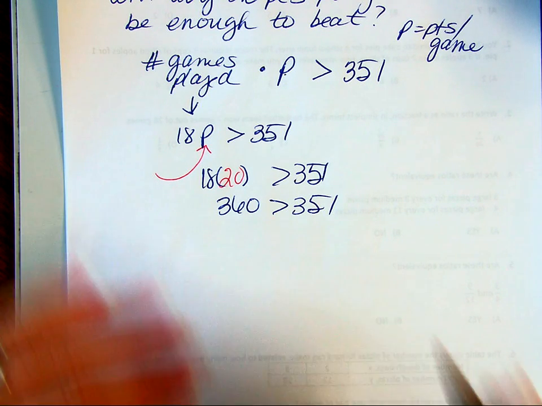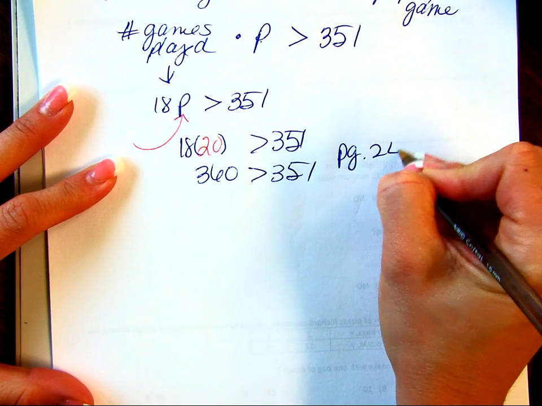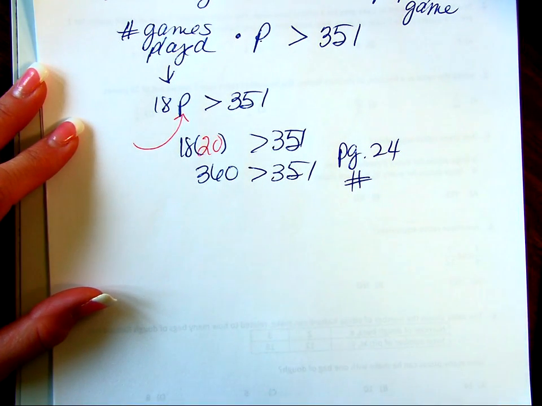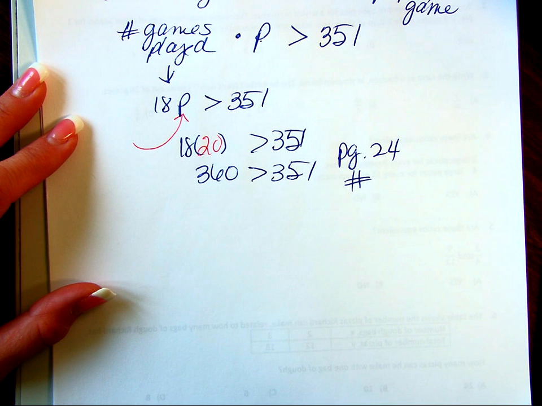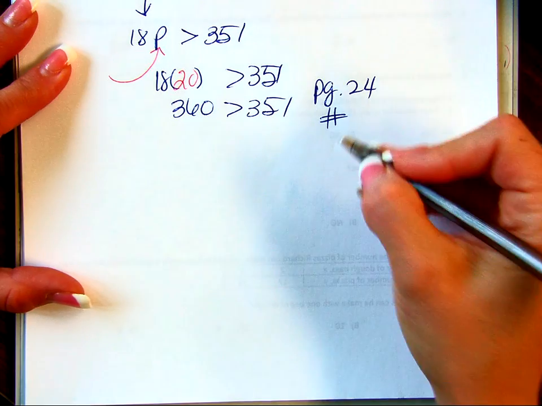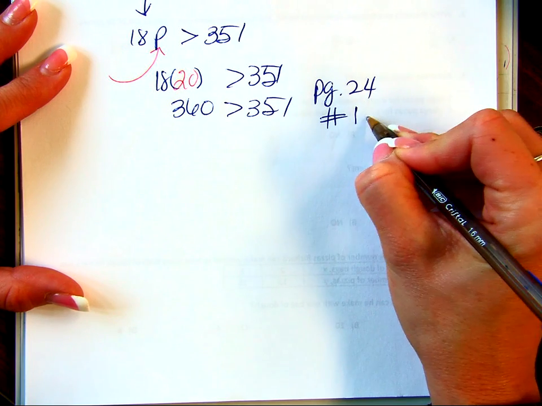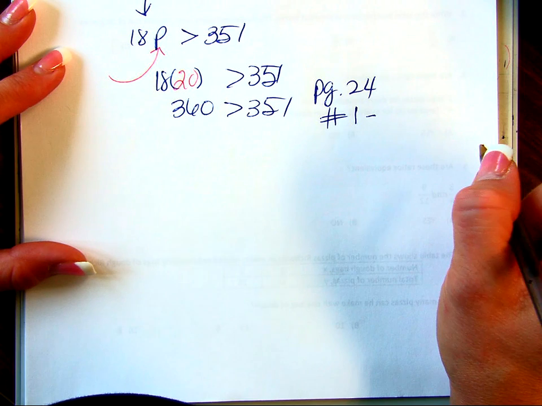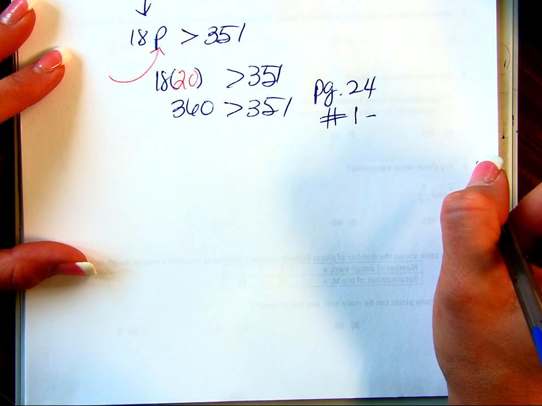All right. So we are going to do problems on page 24. Now, listen. It says just write the equation or inequality. It doesn't say you have to solve them. For right now, let's do 1 through mental math.